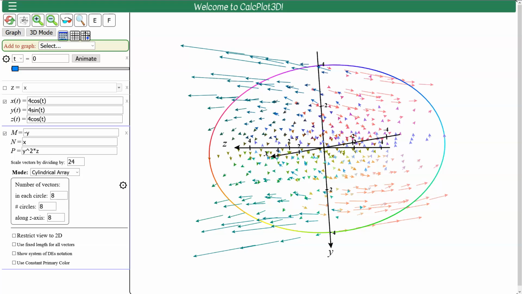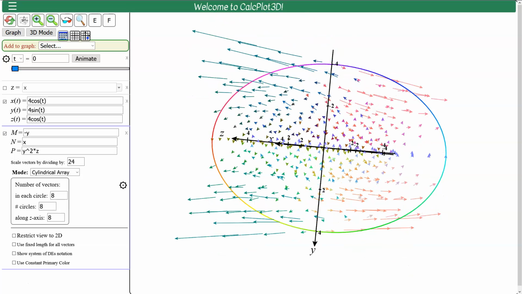In the bottom right, the pink vectors are also going in the same direction. So in the upper left and the bottom right, we have two places where the vectors go largely in the same direction as the curve, with pretty big magnitudes, so we pick up a lot of work there.